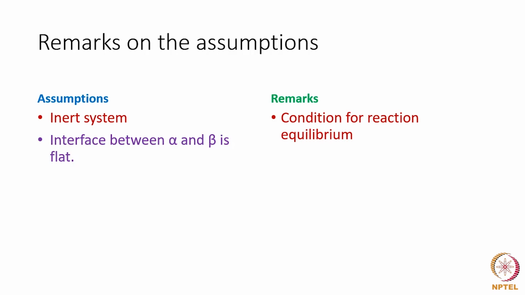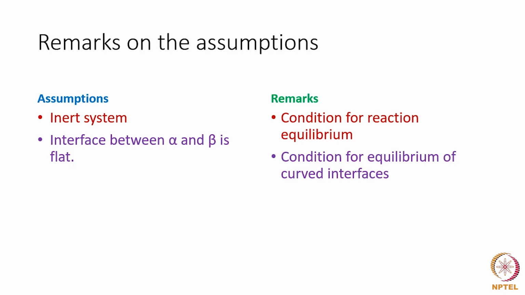At this moment we would like to keep the number of moles of the species constant, and we have used that fact in the derivation, and therefore we should say that the derivation is for an inert system. If it is not an inert system, if it is a reacting system, the condition of equilibrium for a reaction is going to be different, and we will do it in a moment.